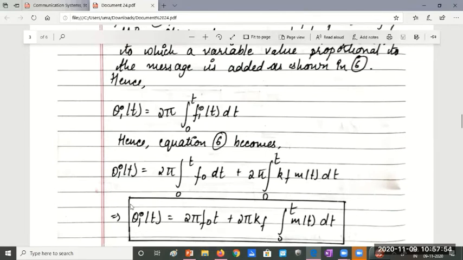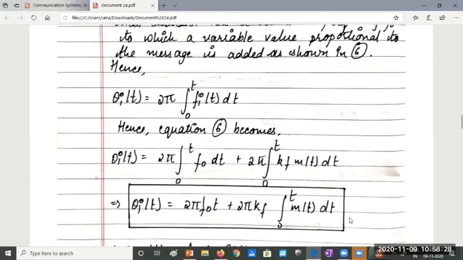So integral f naught dt: f naught is a constant frequency. So integral 1 dt is t, right? So the first term becomes 2 pi f naught t because f naught is a constant. And the second term becomes 2 pi kf integral 0 to t m of t dt.